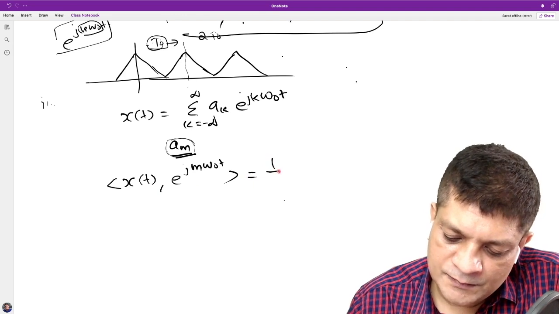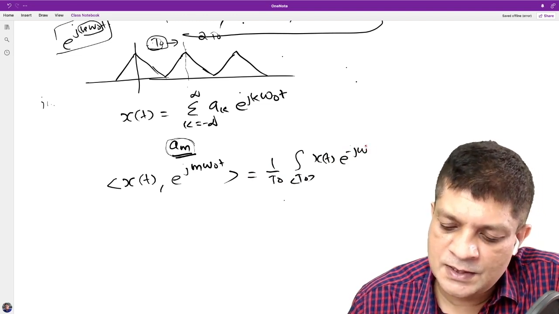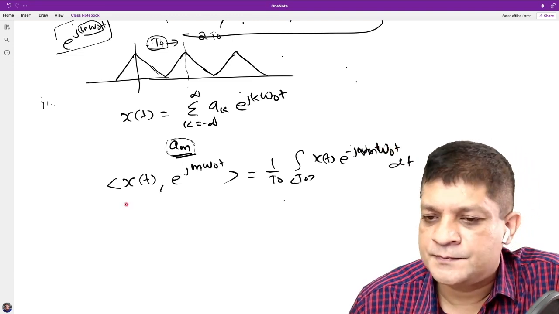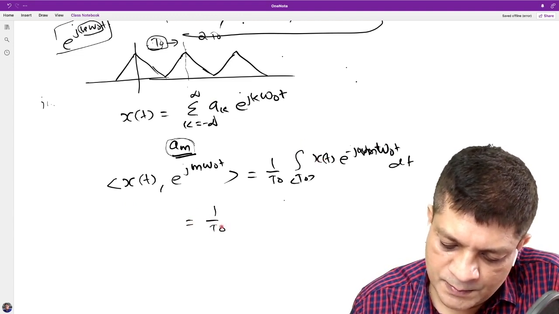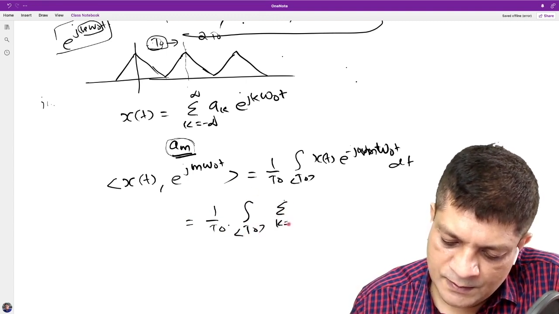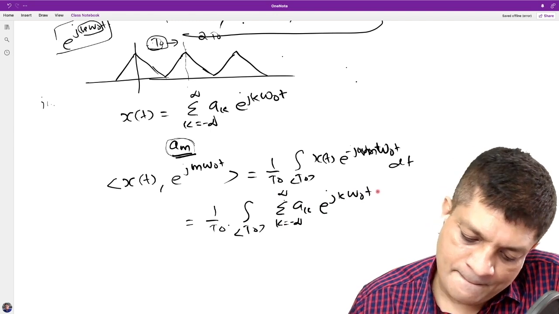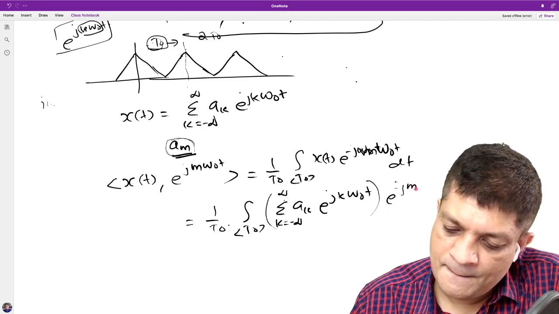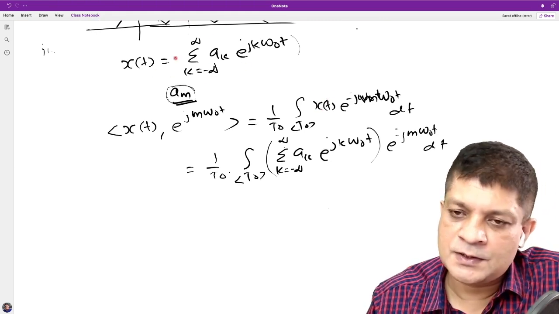It is 1 upon t naught, integration over t naught of x(t) into e to the power minus j m omega naught t dt. Now we put the value of x(t) here, substituting the Fourier series representation: 1 upon t naught integration over t naught of the summation over k from minus infinity to infinity of a k e to the power j k omega naught t, into e to the power minus j m omega naught t.